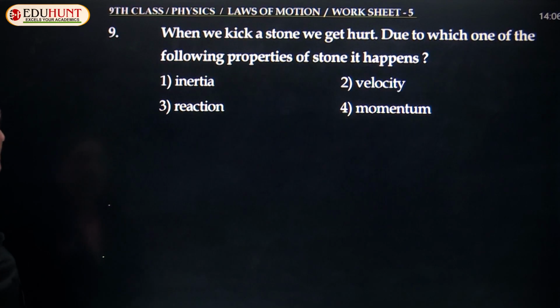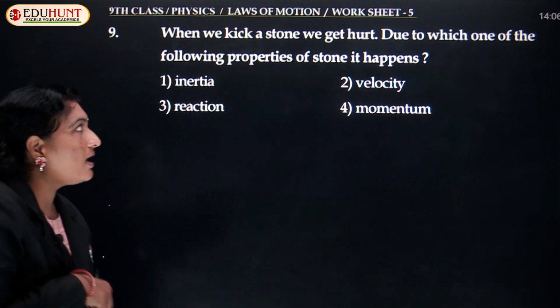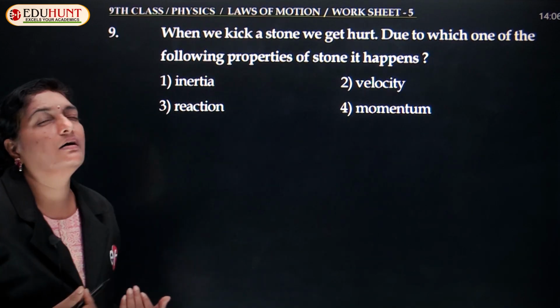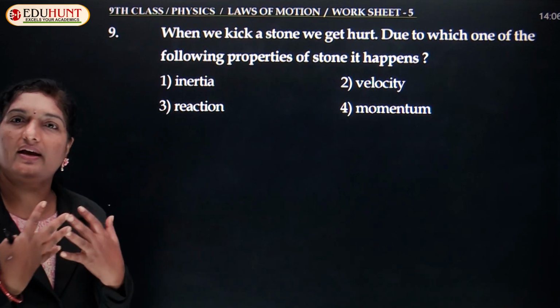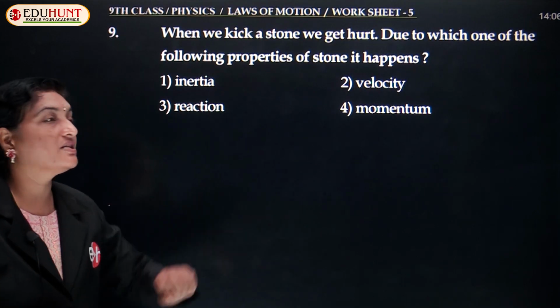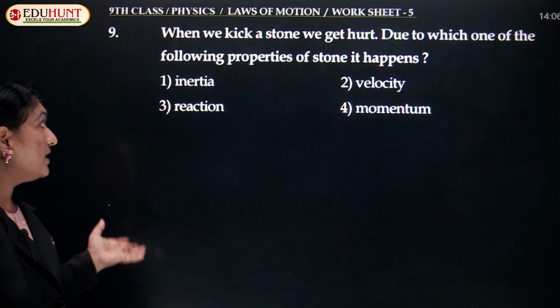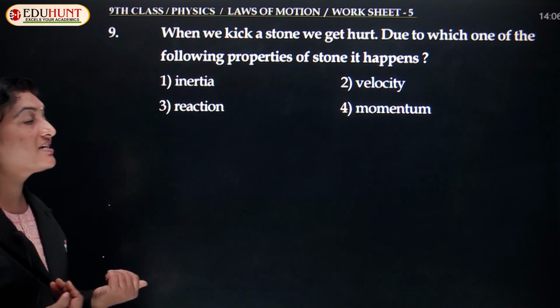Let us move to the last question, children. That is the 9th question. When we kick a stone, we get hurt. Due to which one of the following properties of the stone does this happen? Is it because of inertia, velocity, reaction or momentum?